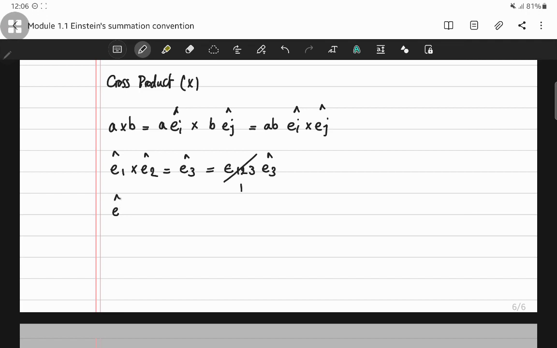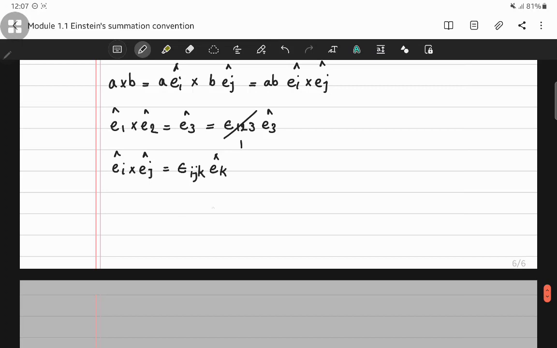So if we extrapolate this here, if we have e_i cross e_j, this becomes actually e_k. So epsilon ijk, I write them here, and then we have a third symbol, which is also a vector, because we expect that the result from the cross product of two vectors is a vector. So this is also e_k.